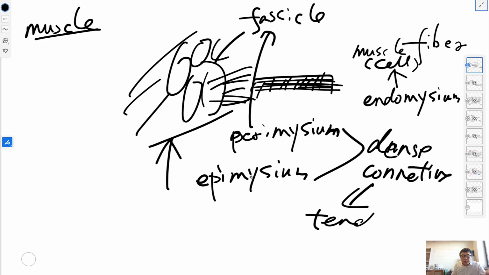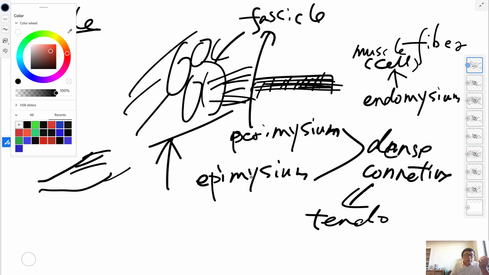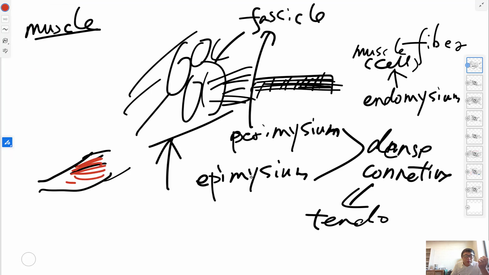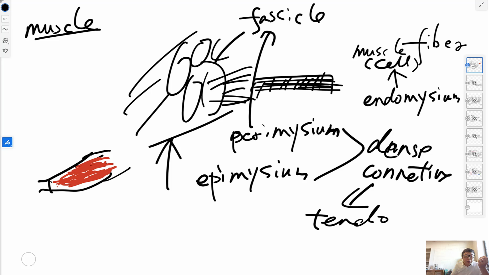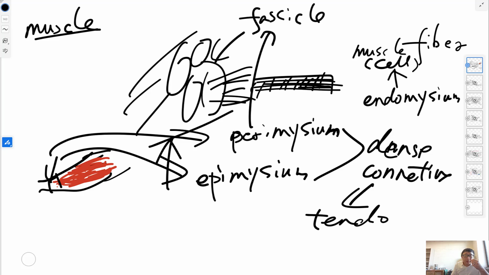Which tissue is made of dense regular connective tissue? The tendon. At the end of the muscle, the muscle is here in the center, and at the very end there are no muscle cells. The muscle fibers stop here, and this place is full of perimysium and epimysium.